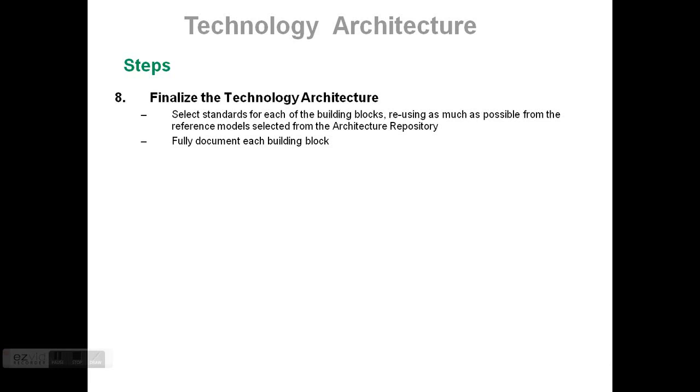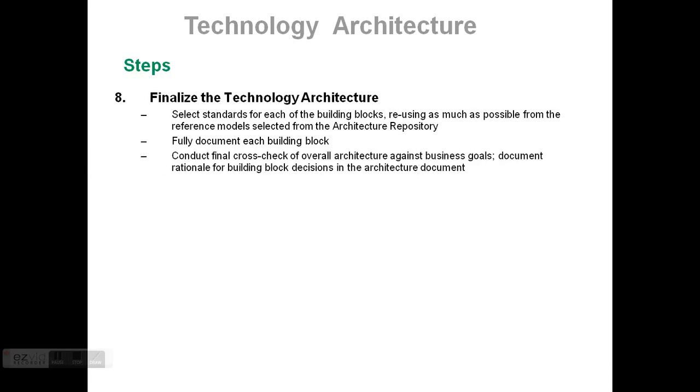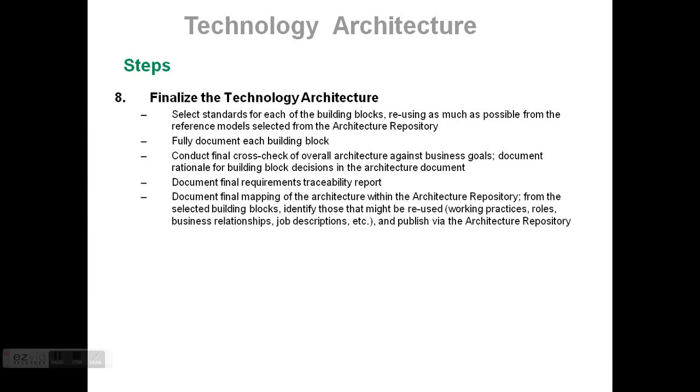We also fully document each building block that we're building. We conduct a final cross-check of the overall architecture against the business goals, documenting rationale for building block decisions in the architectural document. We document the final requirement traceability report.